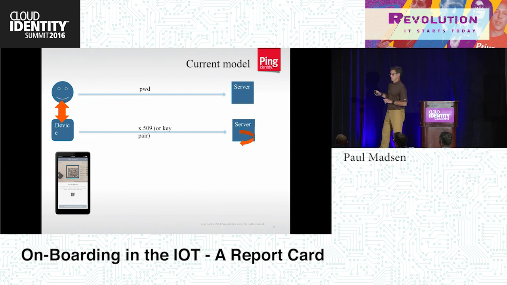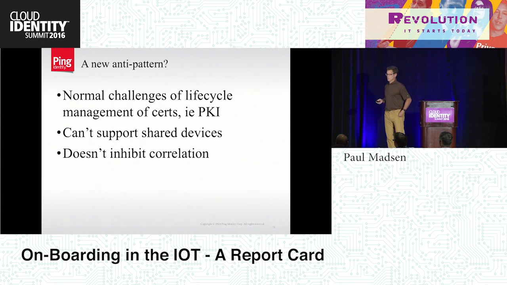So I'd argue that that in and of itself is almost an anti-pattern. It's a new anti-pattern. It's not relying on passwords to the same extent. We still have to manage those certs on the device, the normal challenges. Critically, it can't support the concept of a device being shared by multiple members because that association is established between a single device and a single user, and that's recorded on the server.